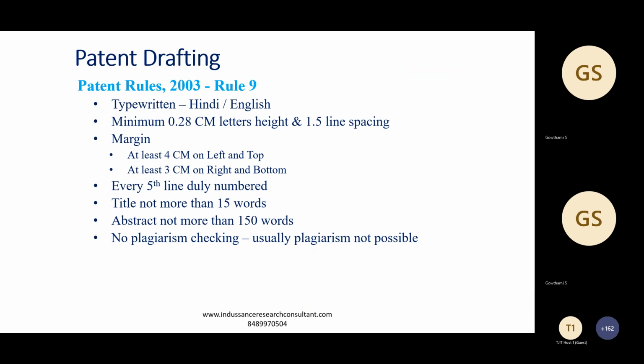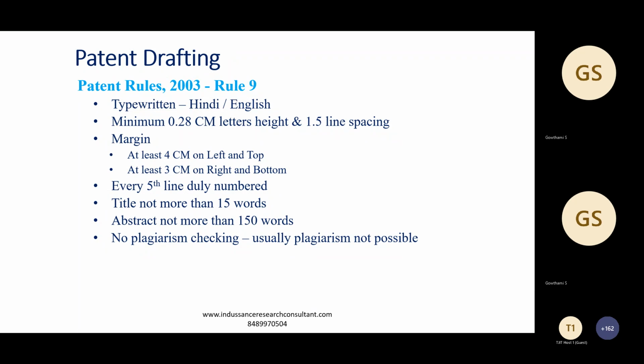So please keep in mind about this rule. And next, the abstract we write should not be more than 150 words. This is also very much essential. Clients are not satisfied when we, the patent agents, write the draft within 150 words because they feel that it is too short to explain the concept. For the abstract, 150 words is very much less and not actually enough to explain the concept.